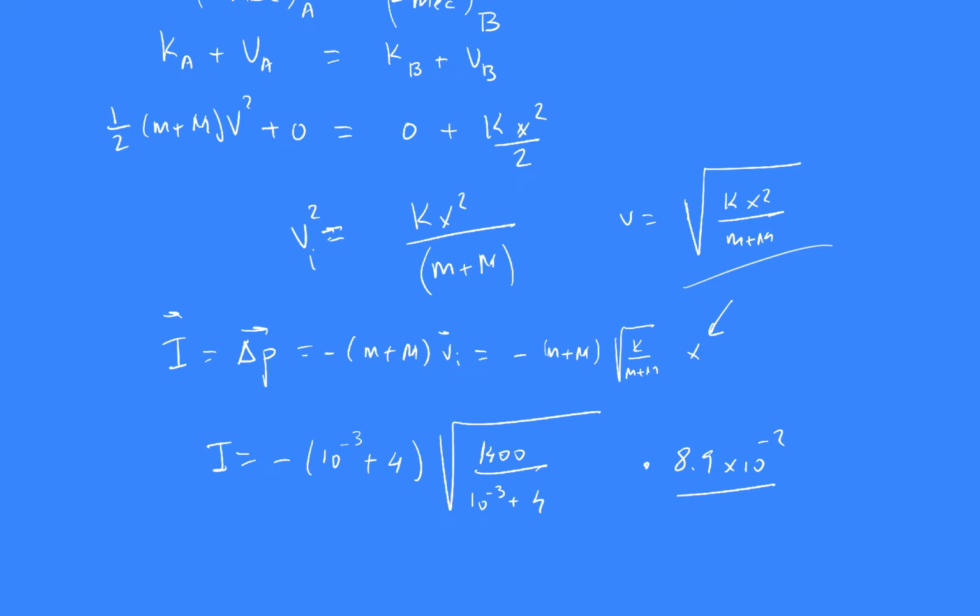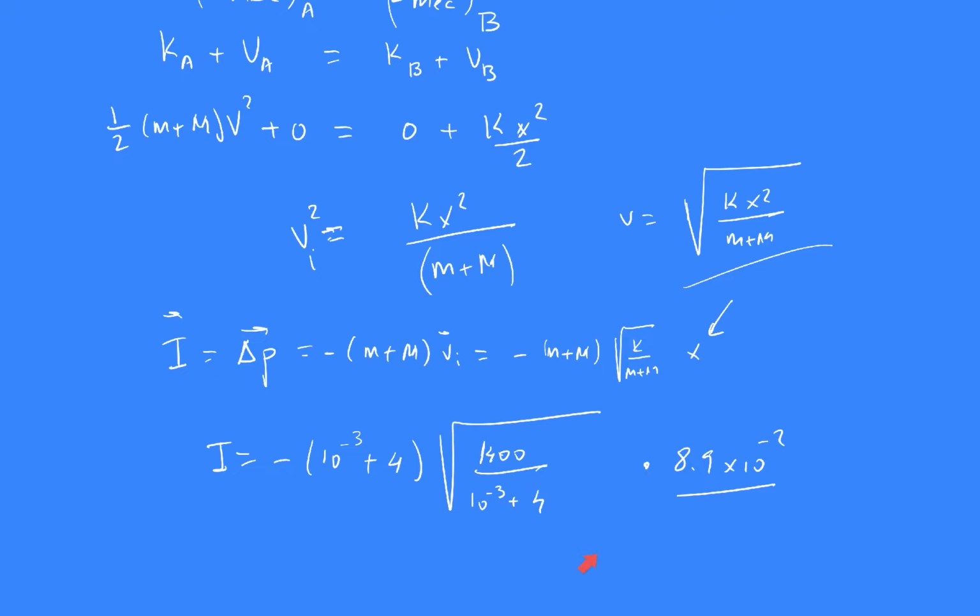So I found it. The change in momentum is minus the mass times the initial velocity, because p final is 0. So I plug in the magnitude of v sub i, the square root of this, and plug in the numbers: the square root of K, 1500, over m plus m, 10 to the minus 3 plus 4, multiplied by the compression.